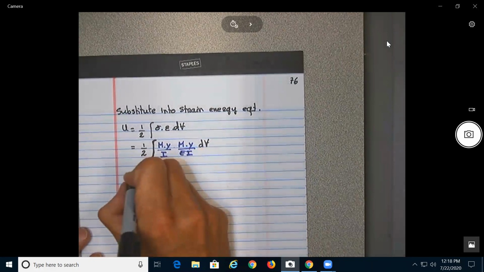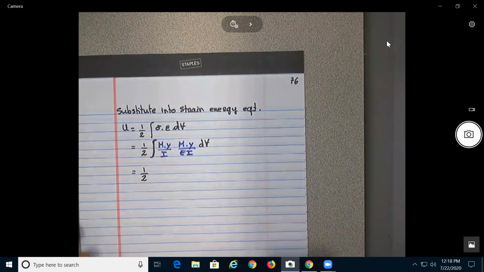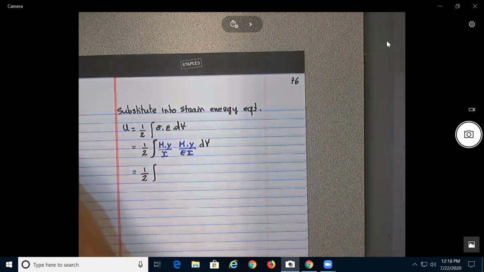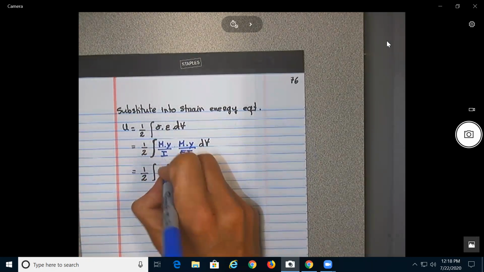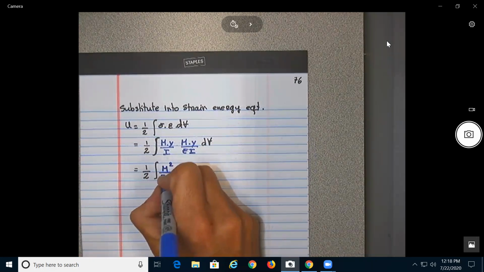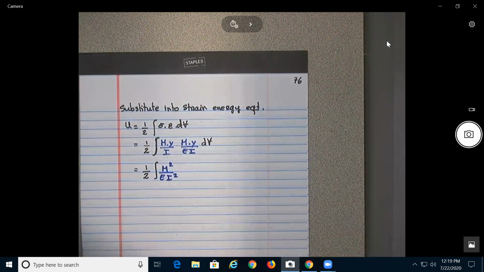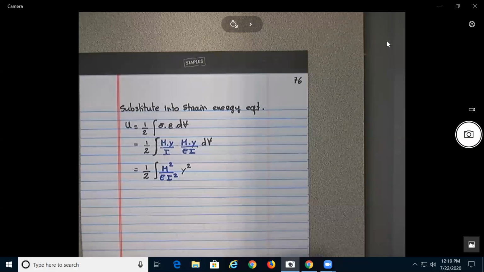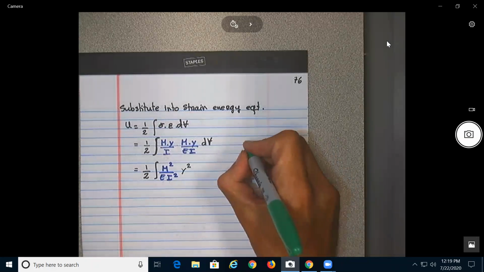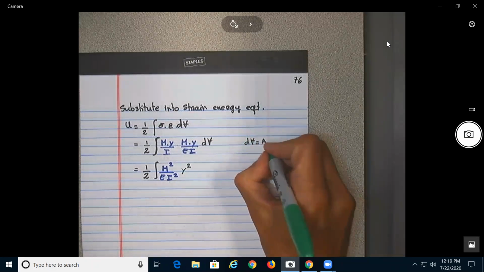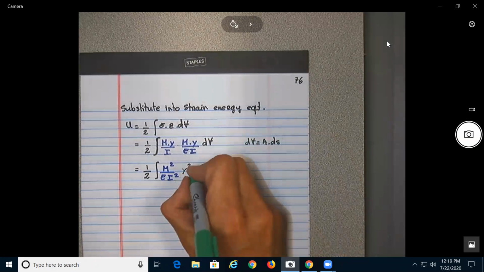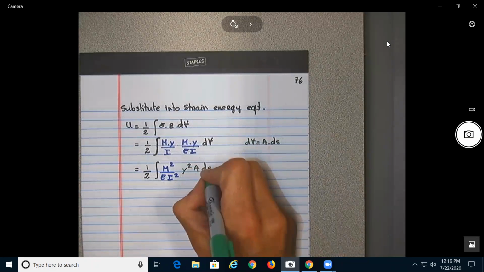So now, just some basic algebra. This is equal to 1/2 of M squared over EI squared times y squared, and if you remember what dV was, A ds, no? So I can write this as y squared A ds.